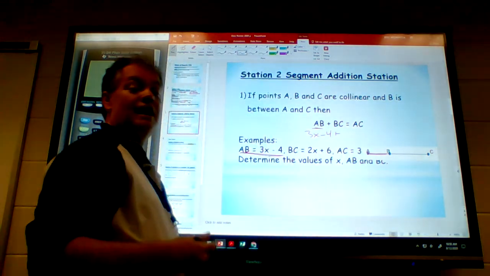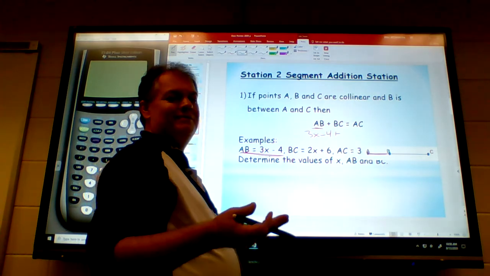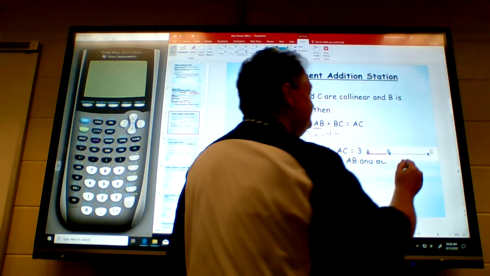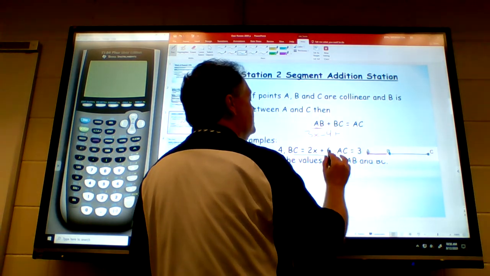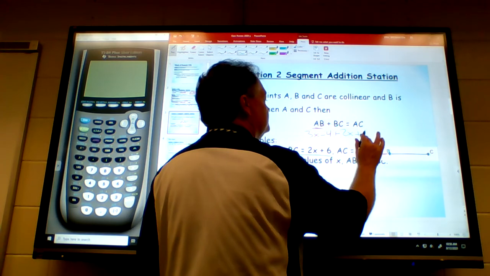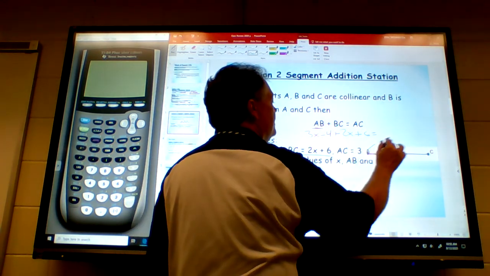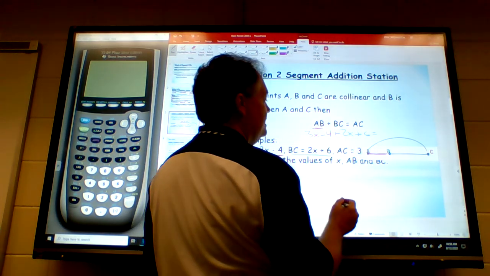BC, I'm going to highlight in blue. I was colorblind for a moment. I couldn't tell my colors. Anyway, BC is 2x plus 6 equals. And then the whole thing right there is AC, which is 3.